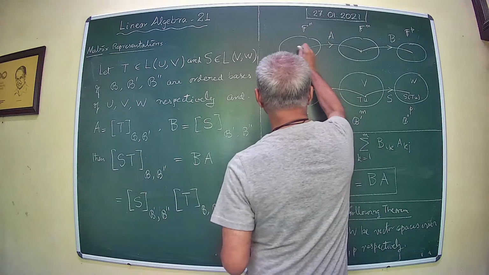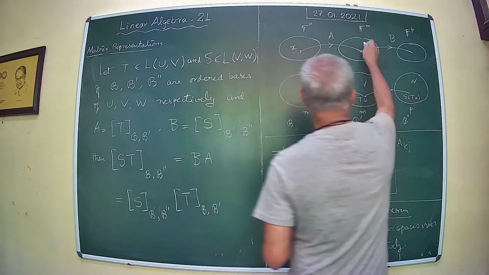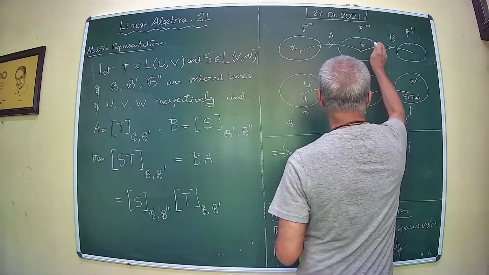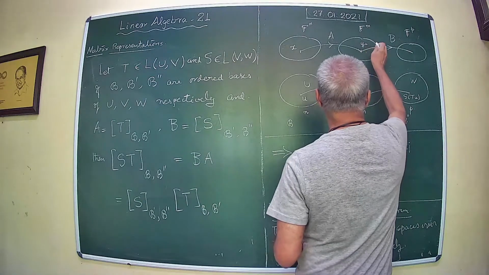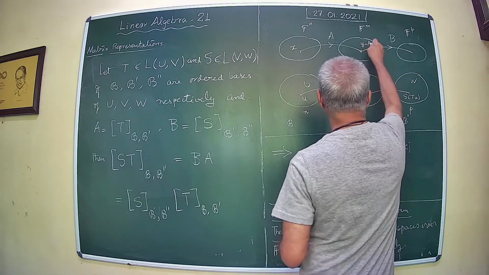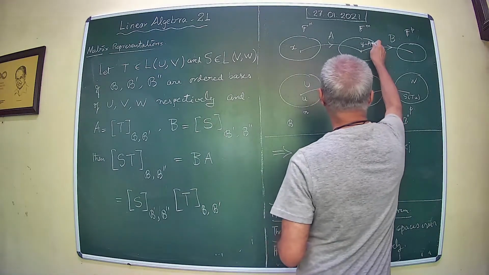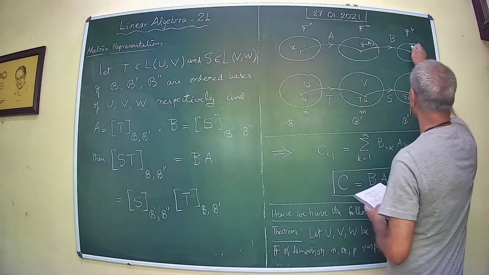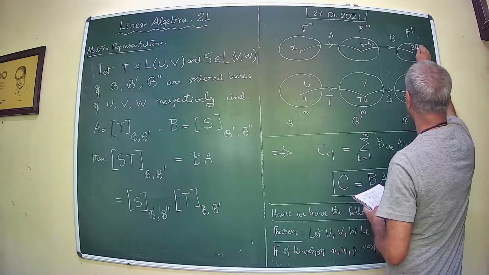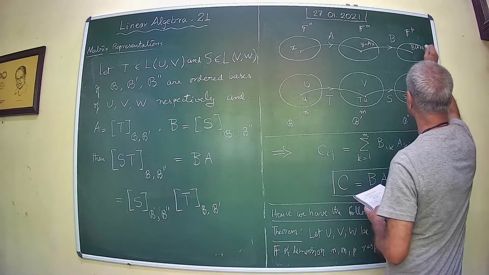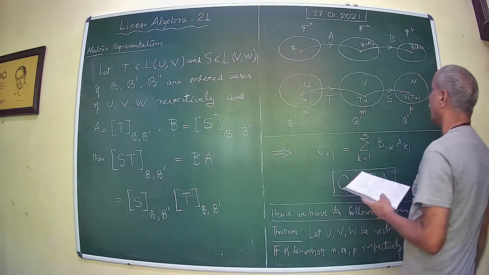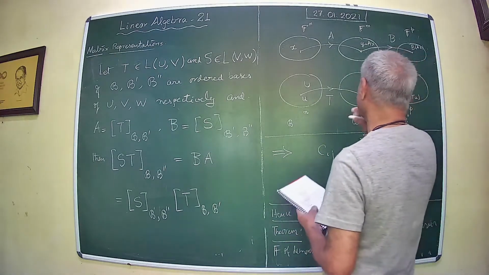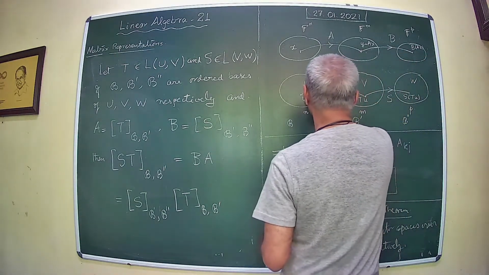Suppose we denote this by X, this will be denoted by Y equal to A X, then this equal to B, this will be X. Okay, so what you have is this.